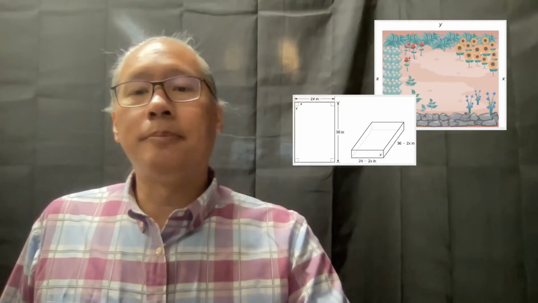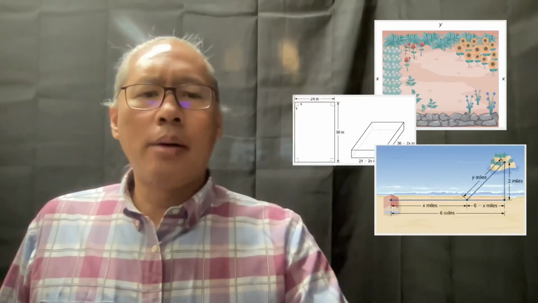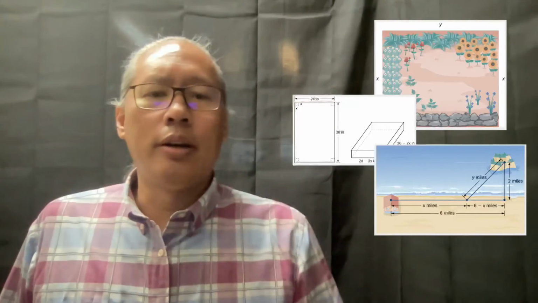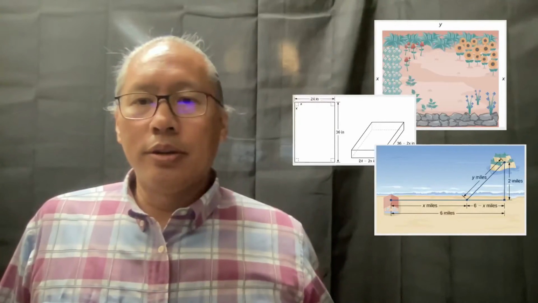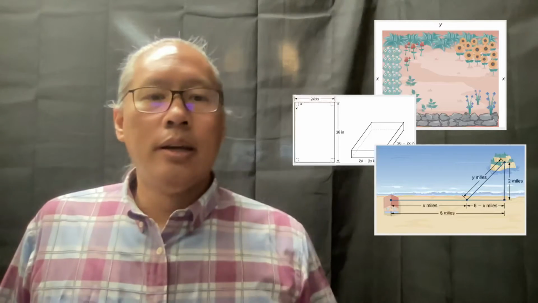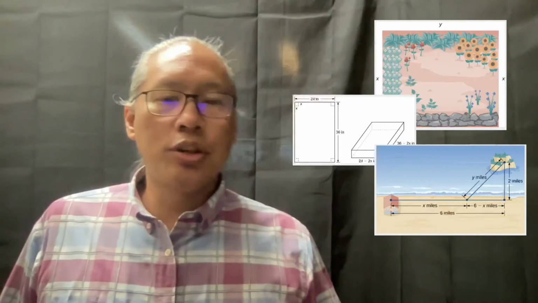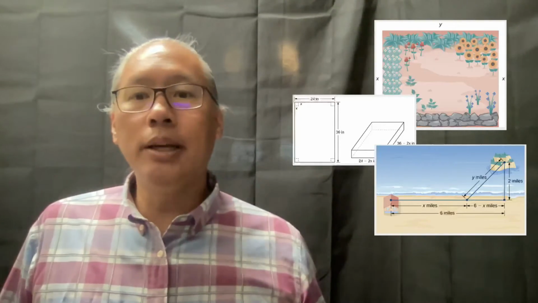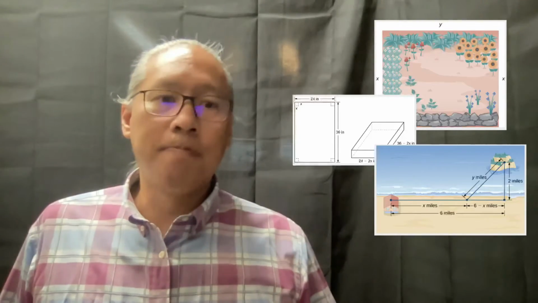volume of the box? Another common problem is the problem where you have a certain speed that you can run along a beach, and you have a certain speed that you can swim in the water.